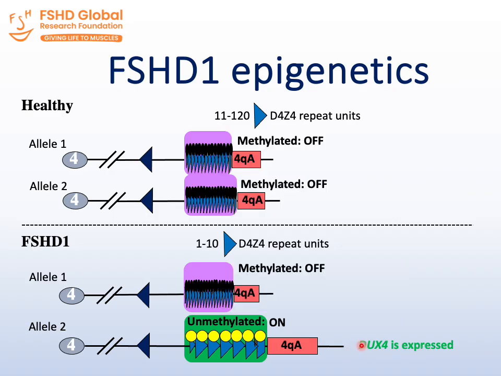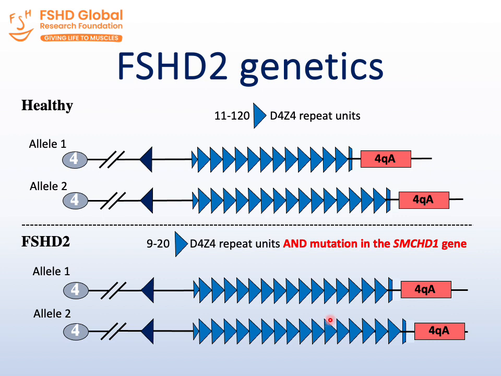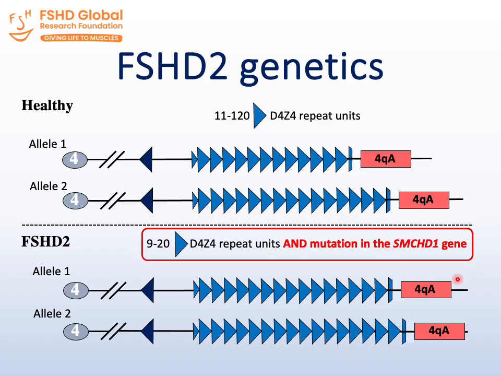So basically this is what's going on, and the system is essentially not functioning right at this locus. So what about FSHD2? Now remember, healthy versus FSHD2 genetically, they actually look very similar. The main difference is right here, the mutation in the SMCHD1 gene, and you don't actually notice this at the FSHD locus.